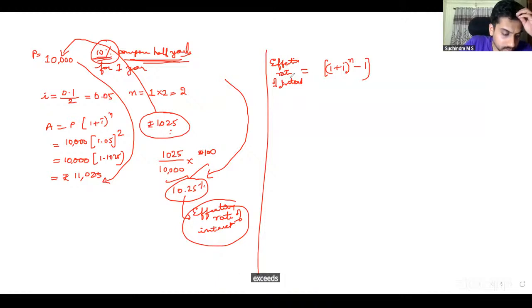Exceeds the per annum rate. Full stop. This actual return that we get is called effective rate of interest. Full stop.